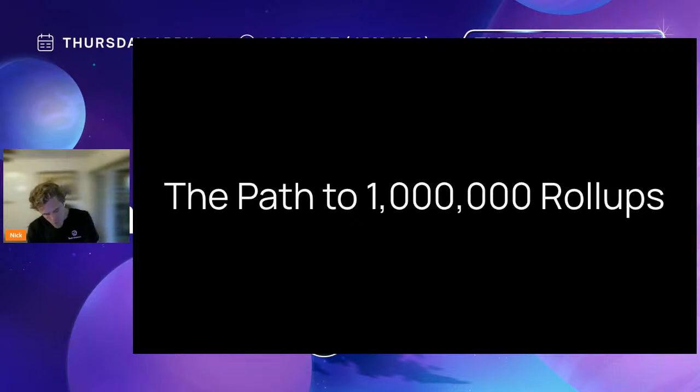Or you have someone ZK prove that execution such that you know it's correct. The advantage is that you don't have to re-execute every transaction if you want to verify that rollup.